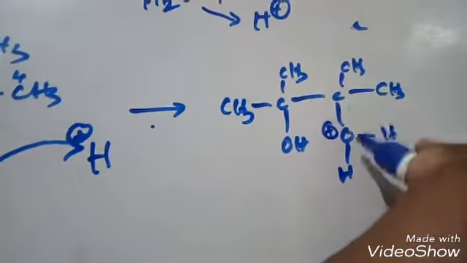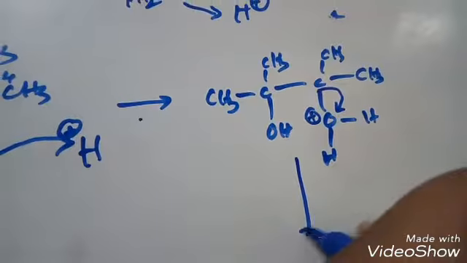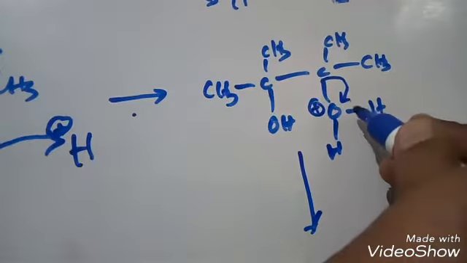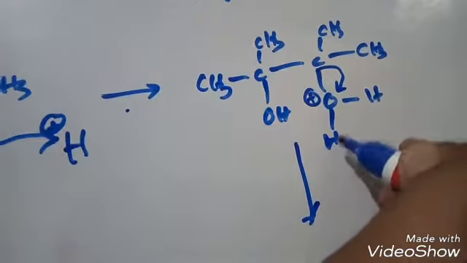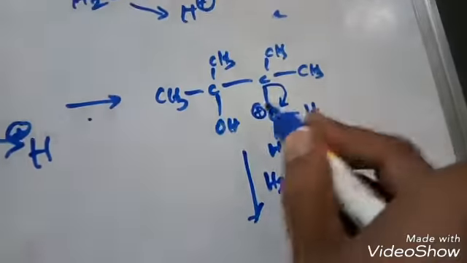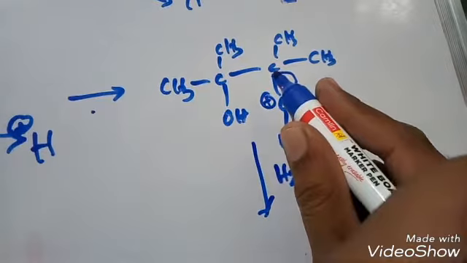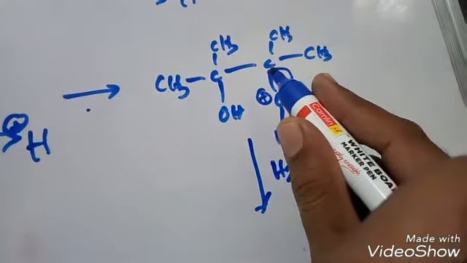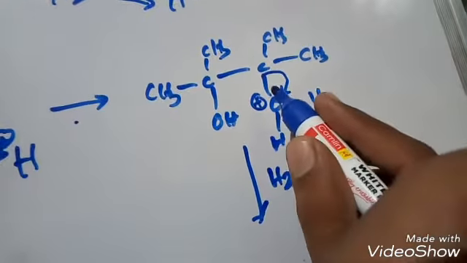This bond will be broken and the electron will be taken by oxygen, and if you see this, what is it? HOH, H2O. The water is forming, and here, because the electron is taken from this bond by this oxygen, this carbon will have a plus charge, because the electron shared between this oxygen and carbon, both electrons are taken by oxygen.